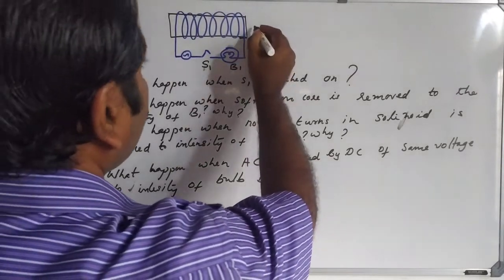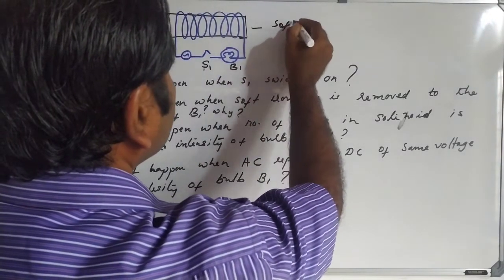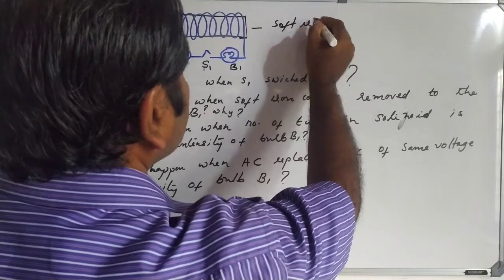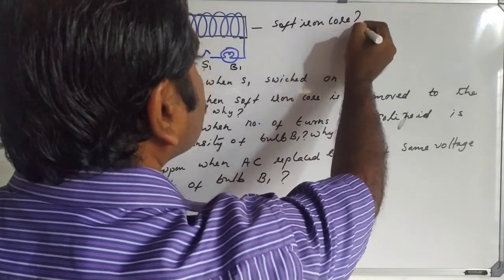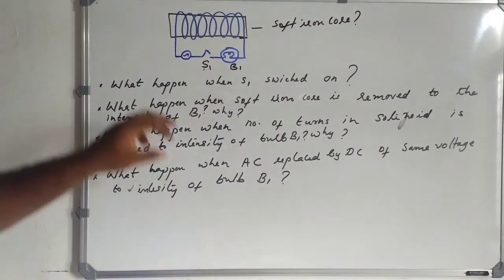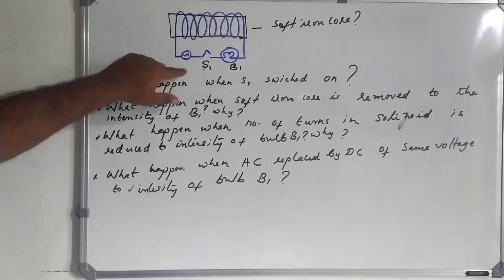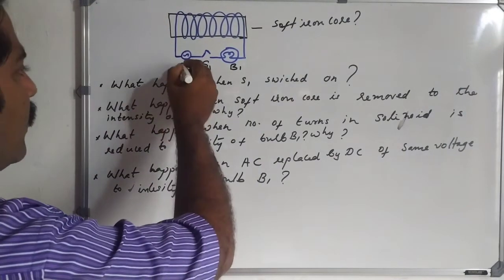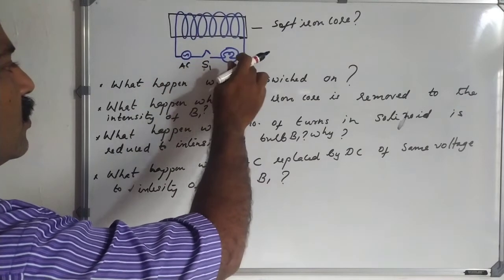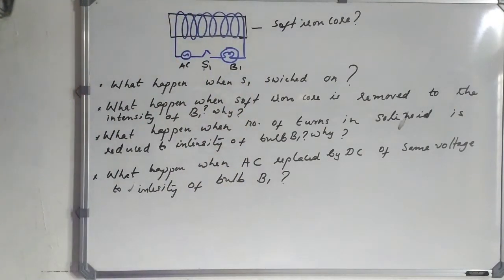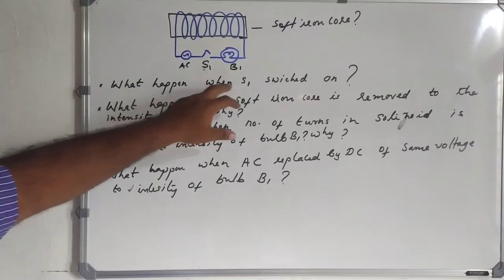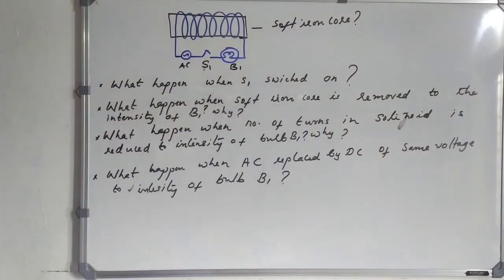So here we have a question. A solenoid inserted with a soft iron core is connected with an AC supply, with a switch S1 and bulb B1. The questions are: what happens when S1 is switched on?